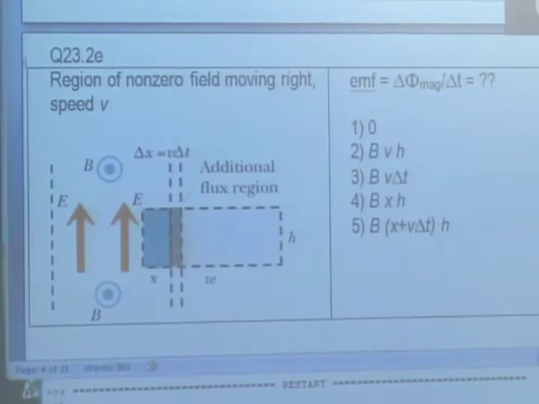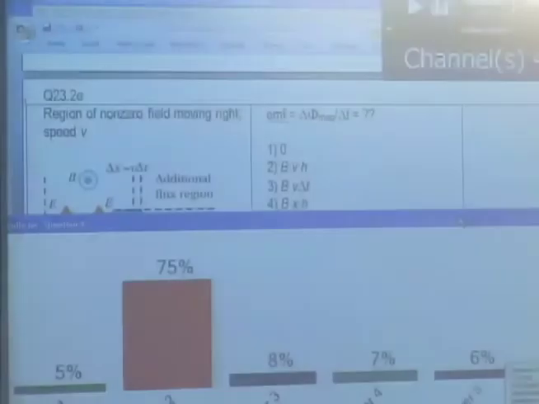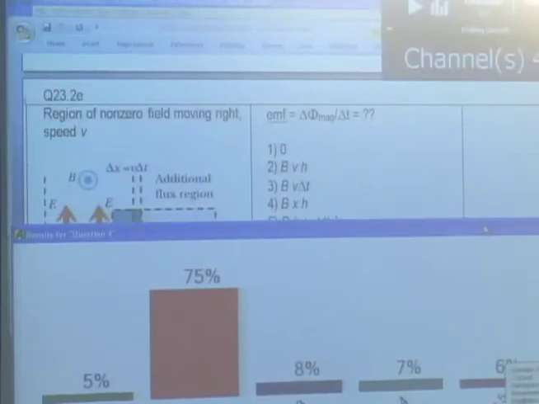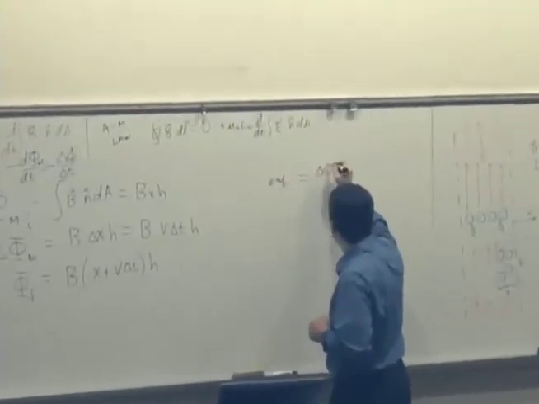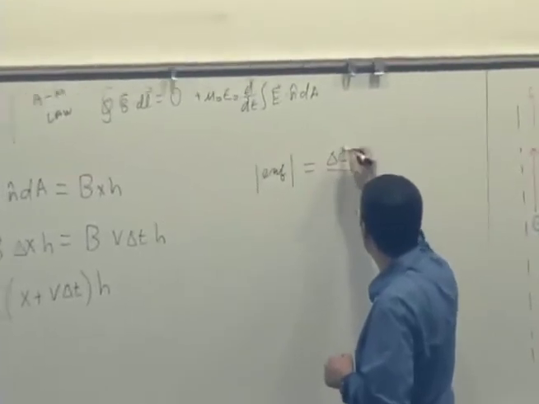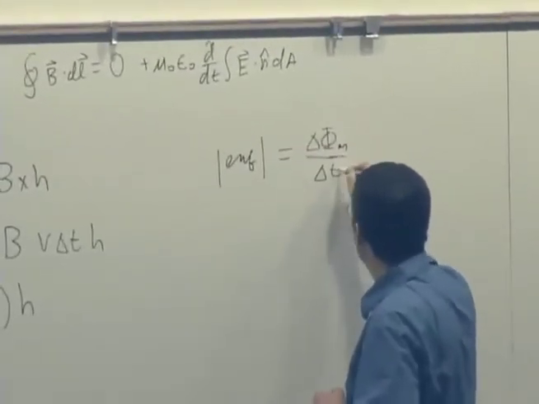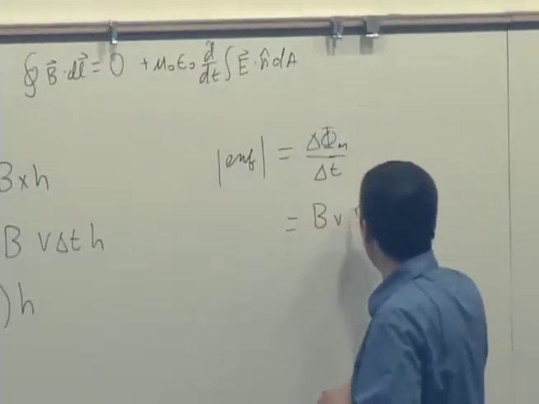We'll worry about the direction later. Okay, just divide that result by delta t, and you end up with B times V times H. So we end up with one half of this equation. So again, the magnitude of EMF is equal to delta flux over delta t, and this side is giving us B times V times H.